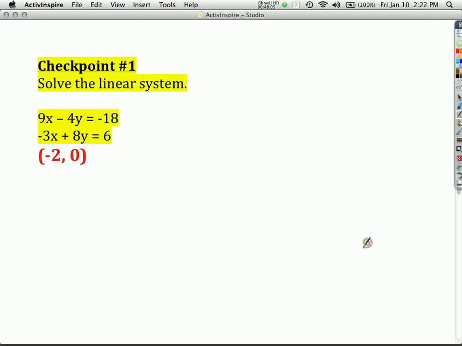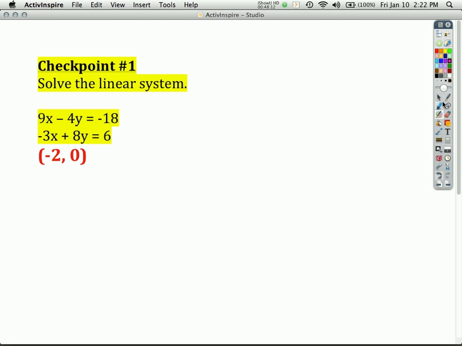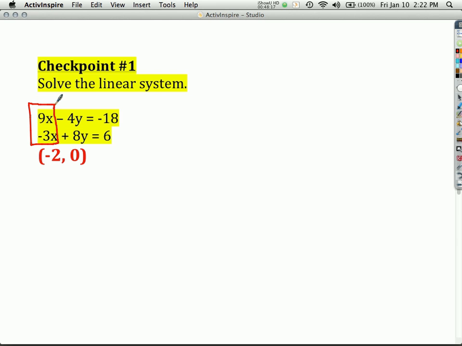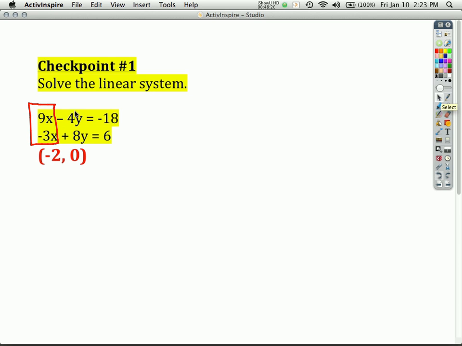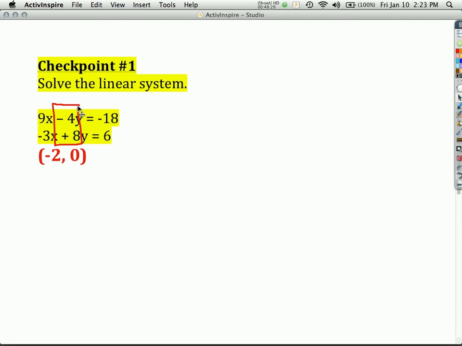Yeah, your explanations, both of you, were a little bit haphazard, but you got the basic idea that if you notice, these x's are compatible numbers, so you could have multiplied the bottom equation by 3 and you would have gotten opposites. But if you looked really carefully, you would have noticed that the y's were very friendly numbers as well, and if you multiplied the top by +2, you would have gotten opposites there. So you had your choice of which ones to multiply by.